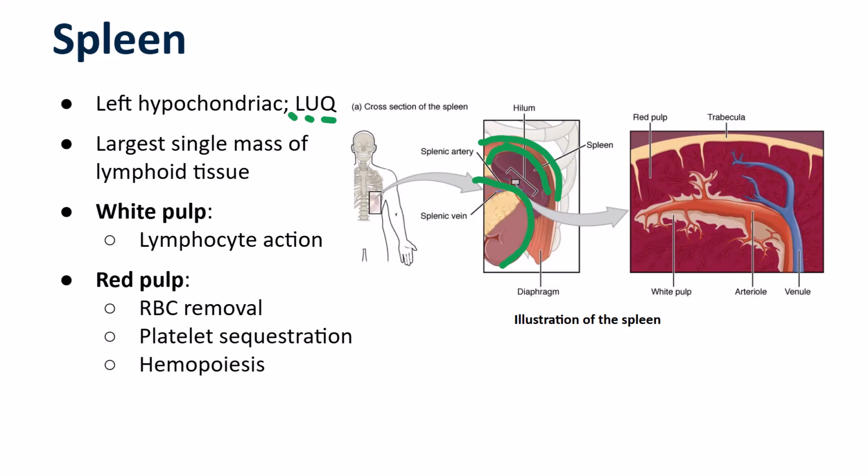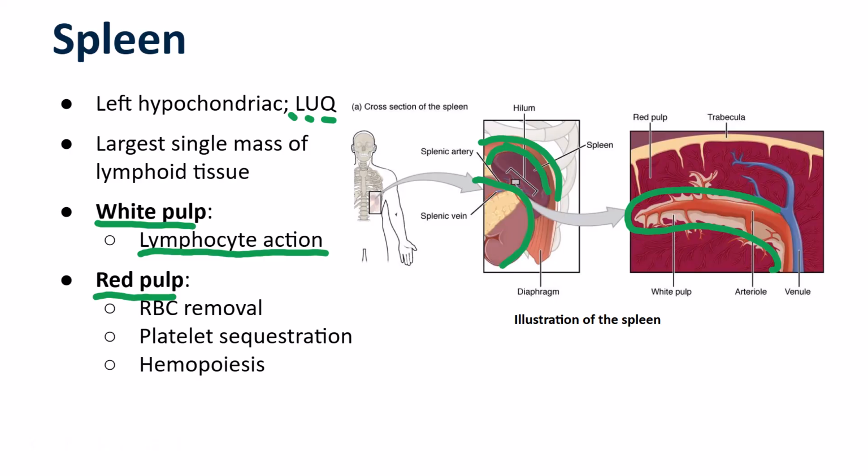And there are two regions of the spleen. We call them pulps. There is a white pulp and a red pulp. The white pulp of the spleen typically surrounds the arterial supply of the spleen, and this is where we have lymphocyte action. So this is where immune responses are modulated.